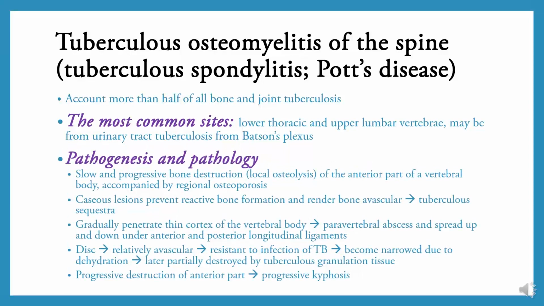Pathogenesis and pathology involve slow and progressive bone destruction, and caseous lesions prevent reactive bone formation and render bone avascular, gradually penetrating the thin cortex of the vertebral body. It could also later be partially destroyed by tuberculous granulation tissue, and then there is progressive kyphosis.